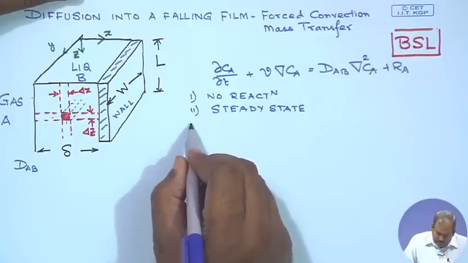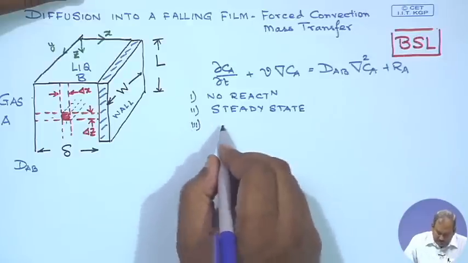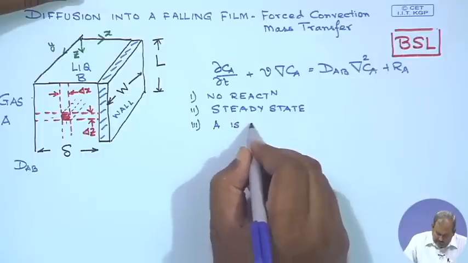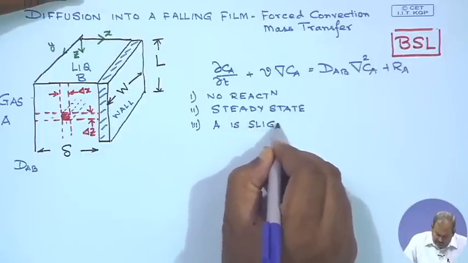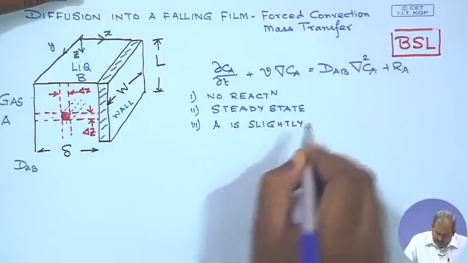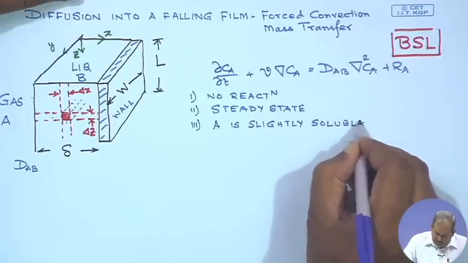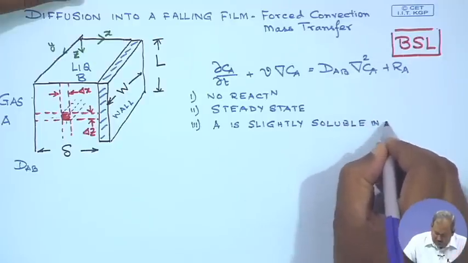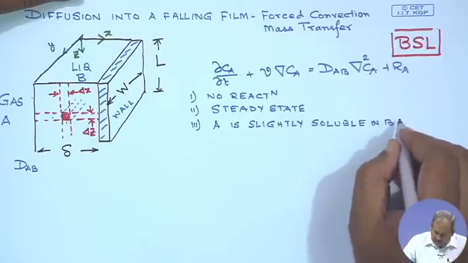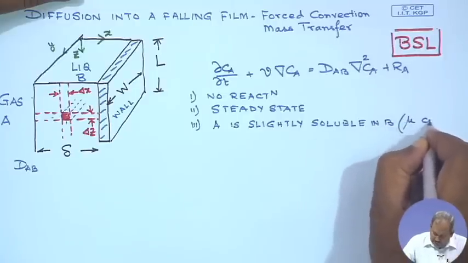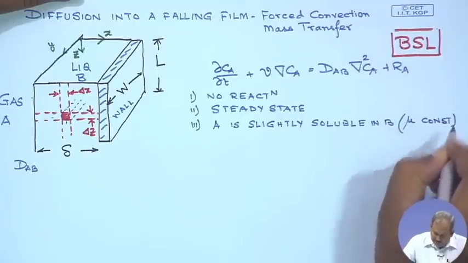The third one is A is slightly soluble in B, that means the mu is remaining a constant.